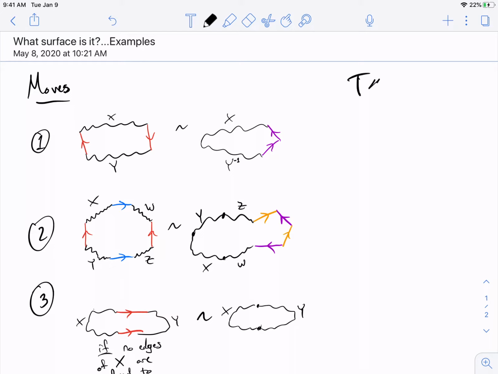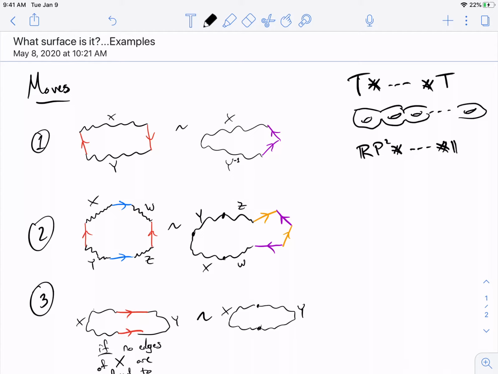They're either a connected sum of toruses. So torus, cut a disk out, glue it to another torus, cut a disk out, glue it to another torus, etc. So they either look like that, or they're a connected sum of a bunch of RP2s, which I can't draw as well.